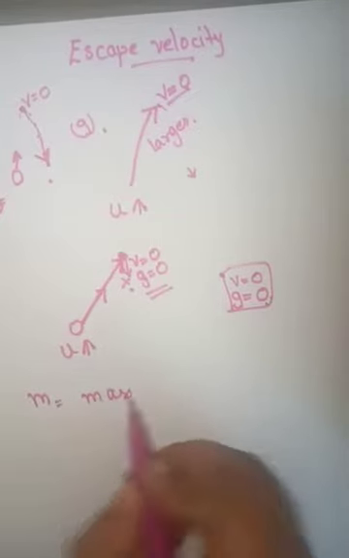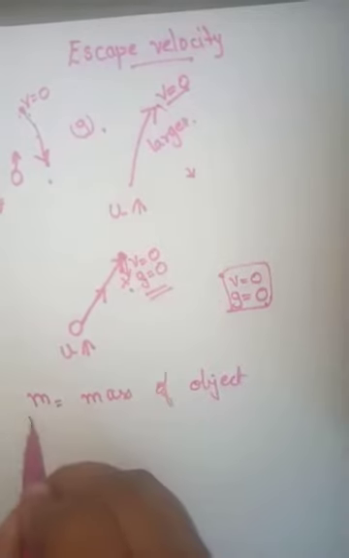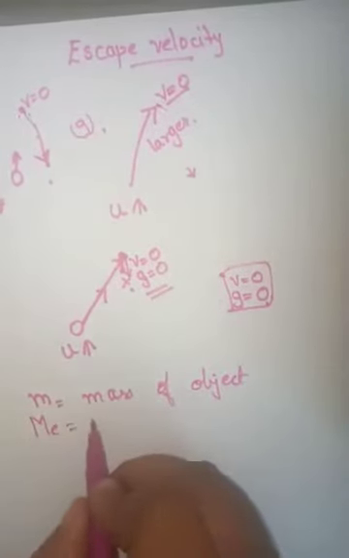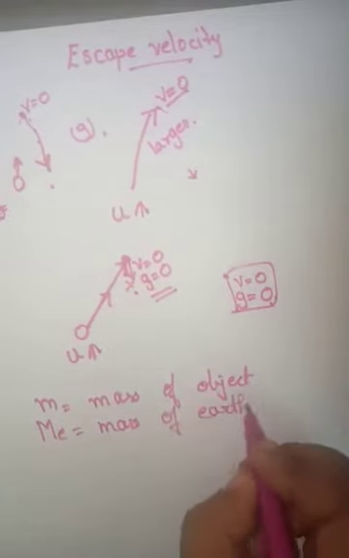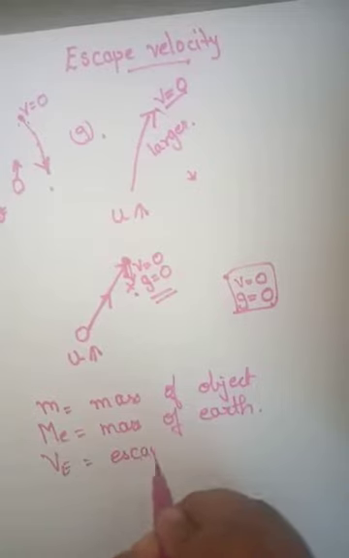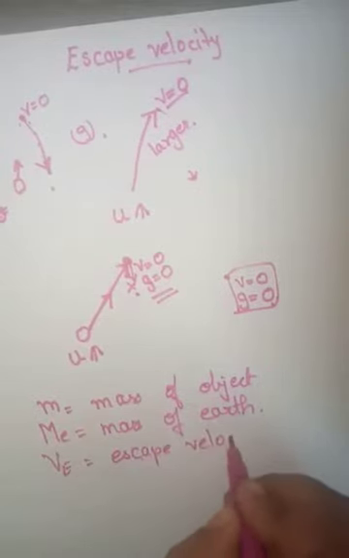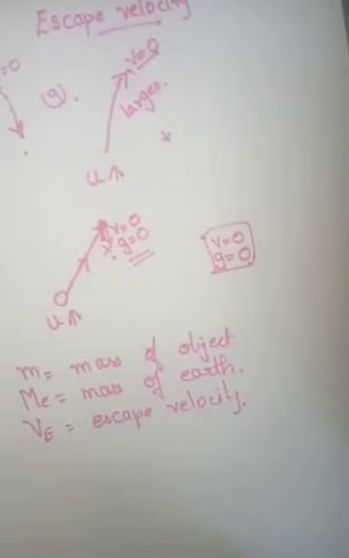To derive the escape velocity of Earth, we take m as the mass of the object, capital M_E as the mass of the Earth, and V_E as the escape velocity. The law of conservation of energy is used to explain this.